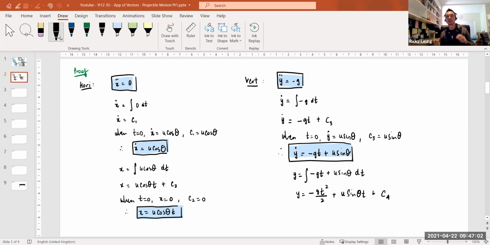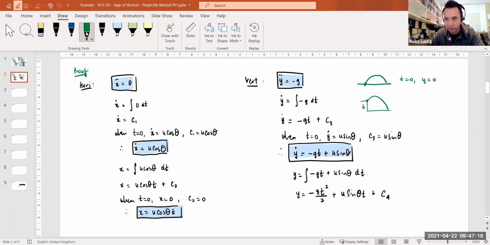Now, just to be absolutely clear, if I have a situation where it starts on the ground, then when t equals 0, y equals 0. But if it gets projected off a cliff, where the starting height is h, then when t equals 0, y equals h.